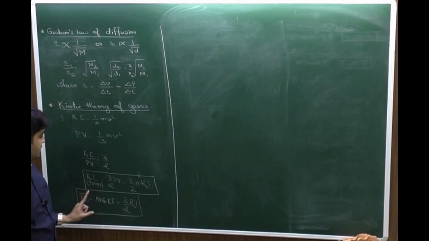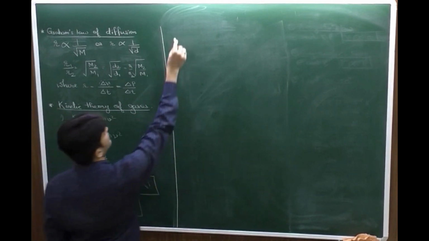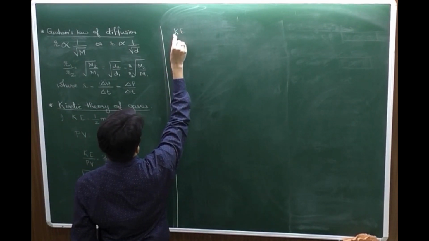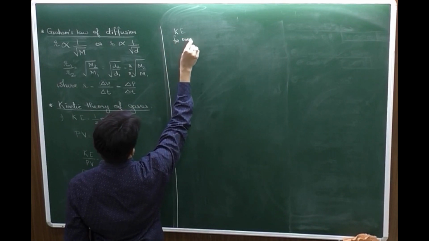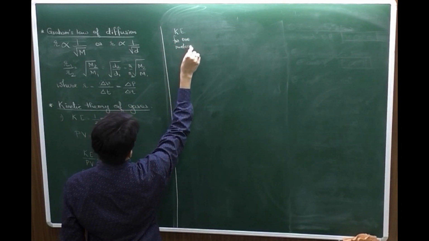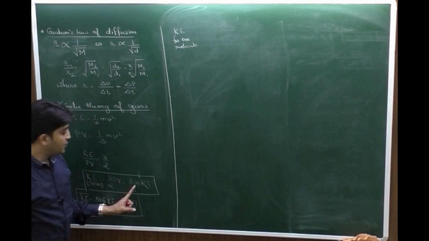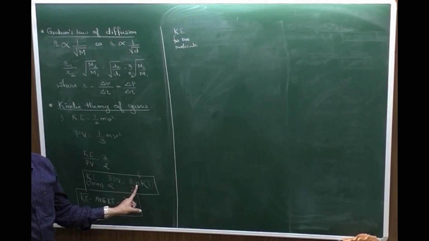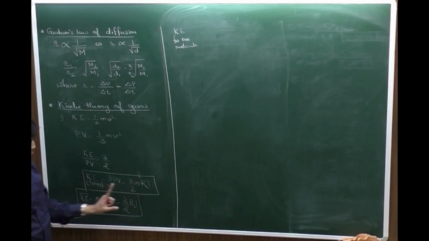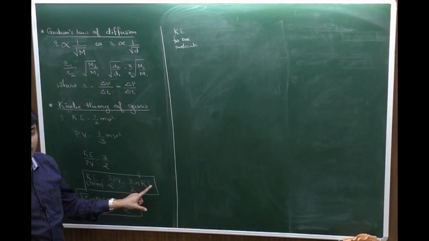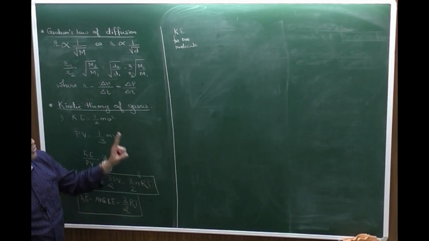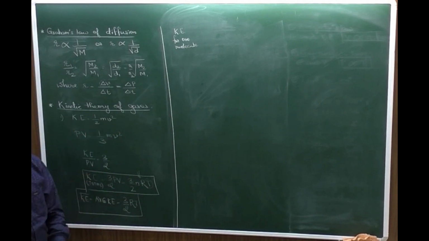Now, if this kinetic energy is asked for one molecule, listen, three variations are important: total kinetic energy, average kinetic energy, and kinetic energy for one molecule. So if I consider n to be 1 mole, I am talking about Avogadro number of molecules. So total energy will be 3 by 2 NaRT. But for one molecule, you should divide by Na.